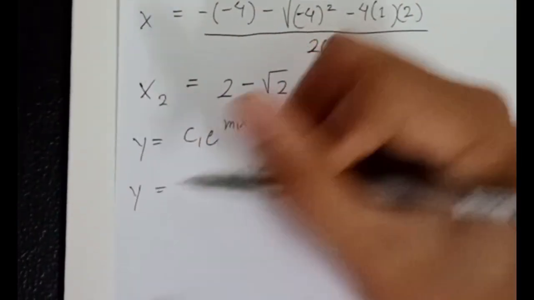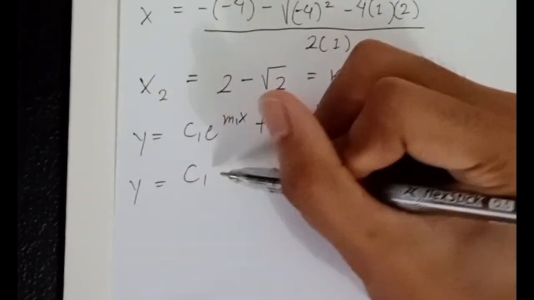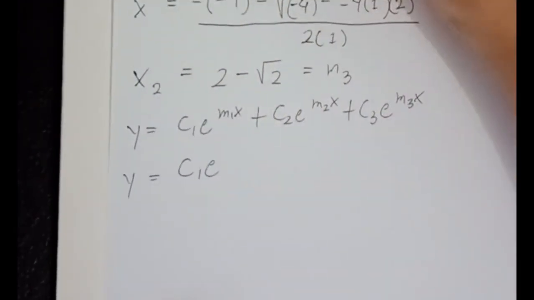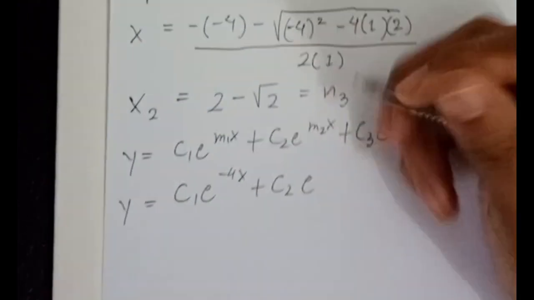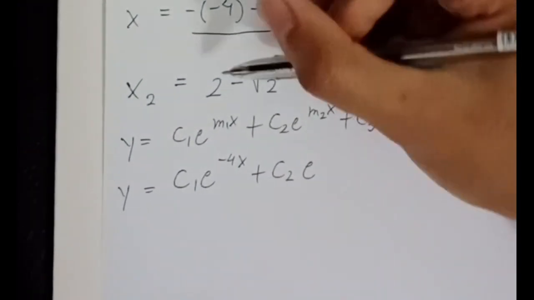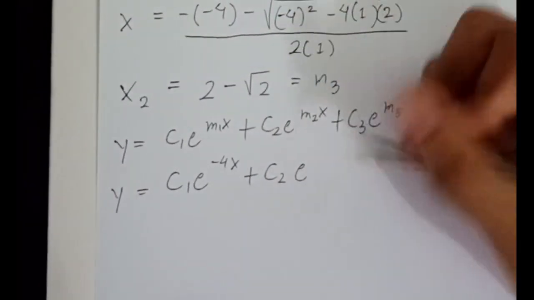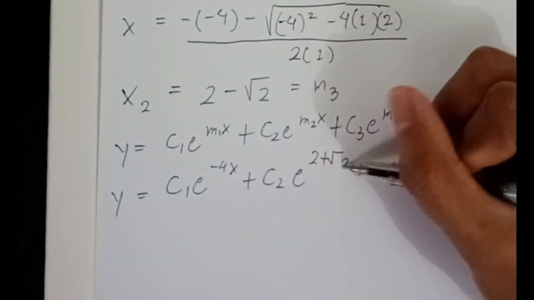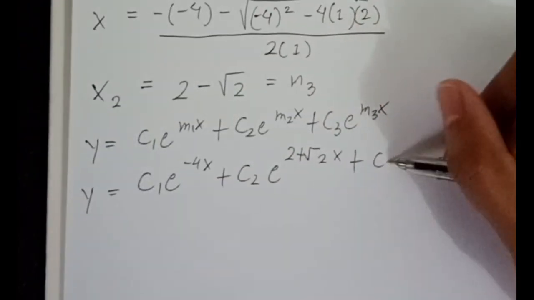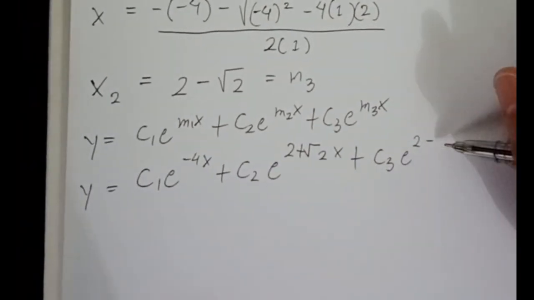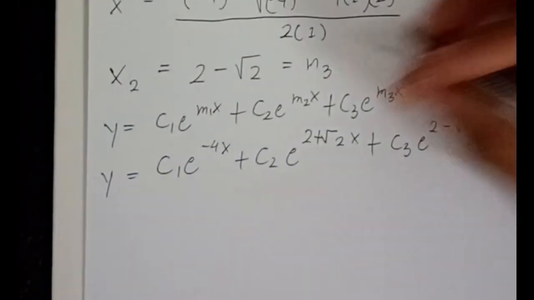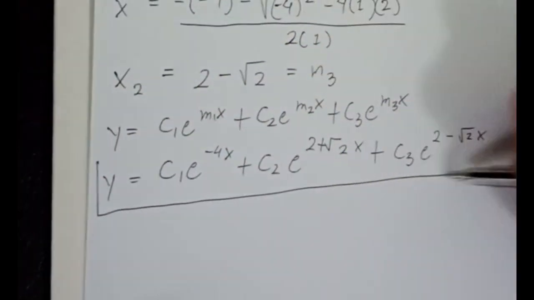Plugging in our roots: y equals c sub 1 e raised to negative 4x, plus c sub 2 e raised to (2 plus square root of 2)x, plus c sub 3 e raised to (2 minus square root of 2)x. This is our final answer.